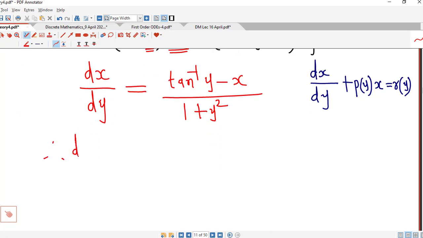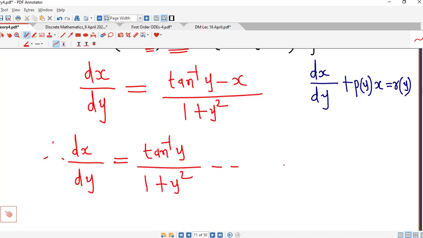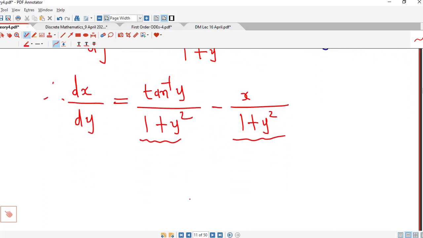Now in the next step we keep this as it is, and we rewrite the right hand side as tan inverse y over 1 plus y square minus x over 1 plus y square. Now if we compare with this, we require this term on the left hand side, and we will keep this function of y on the right hand side.